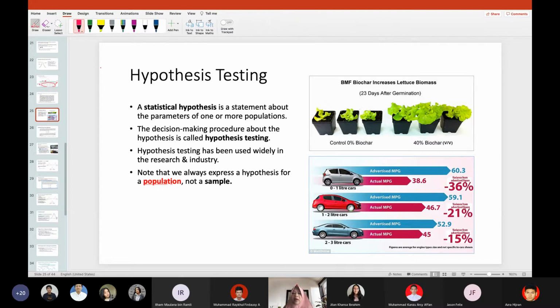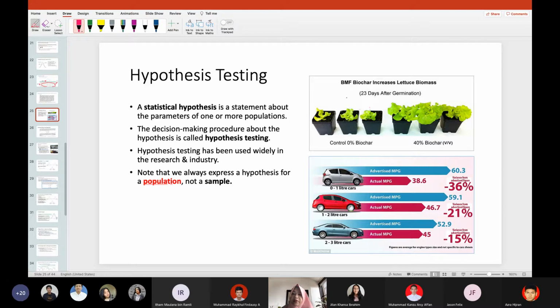So, the statistical hypothesis is a statement about the parameters of one or more populations. It can be one population, two populations, or three populations. This is an example for two populations.